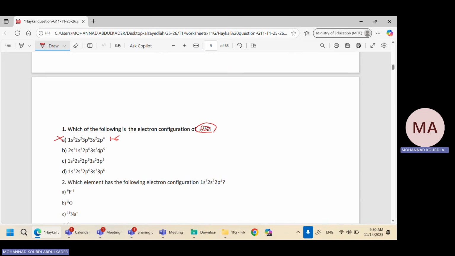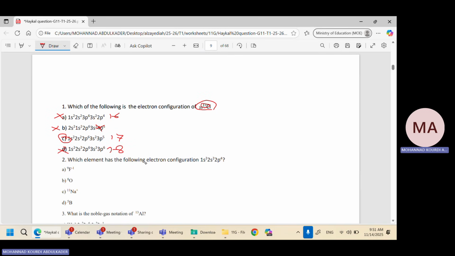Could be correct, but 3s, then I have 3p. So the answer here is incorrect. So C, if you find C, we have 17 electrons, and with the correct sequence, which is the correct answer. And here I have 18 electrons, so this will be wrong.